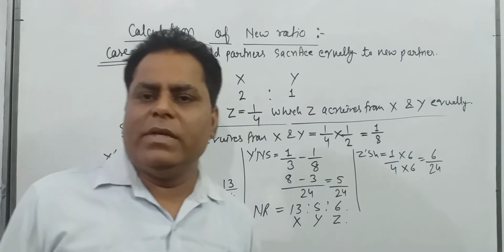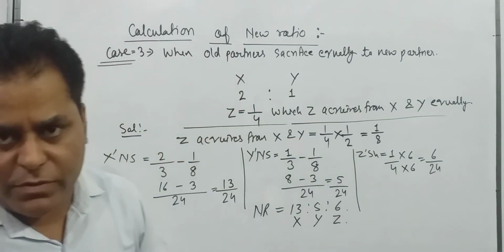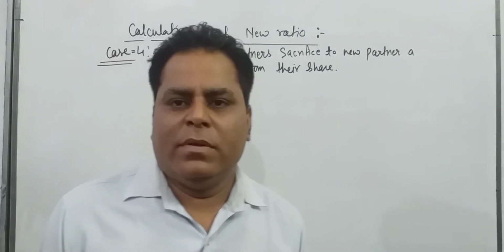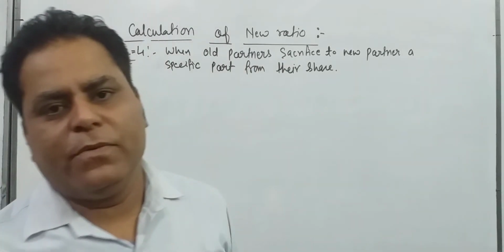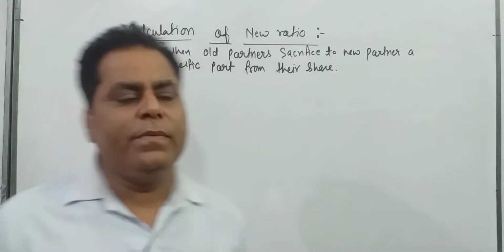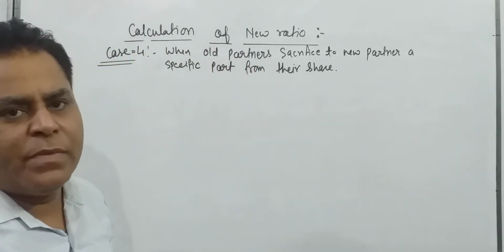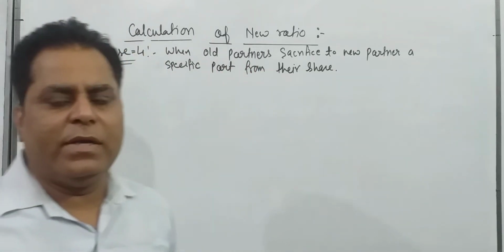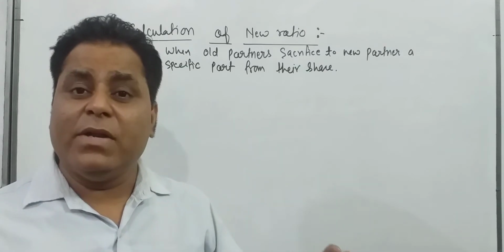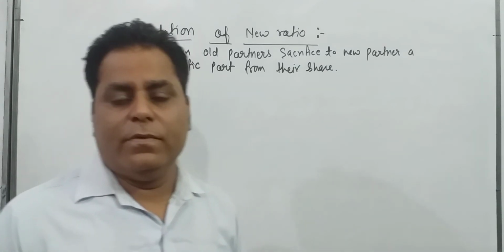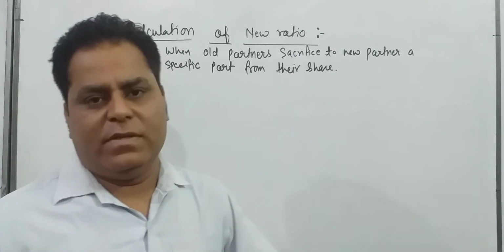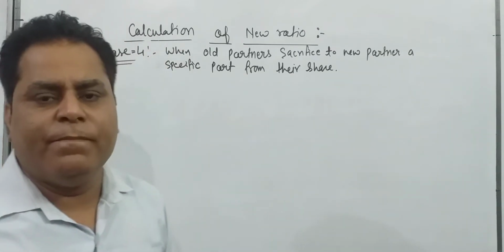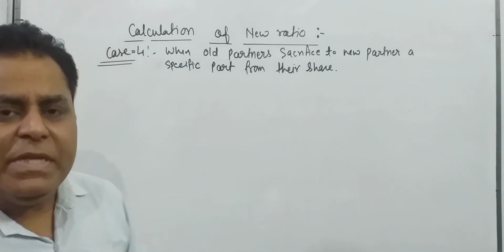After that I will give you case number 4. See carefully. Student, now I am going to solve case number 4. In this case 4, old partners are sacrificing to new partner a fixed part from their share, and this fixed part will be given in the question.